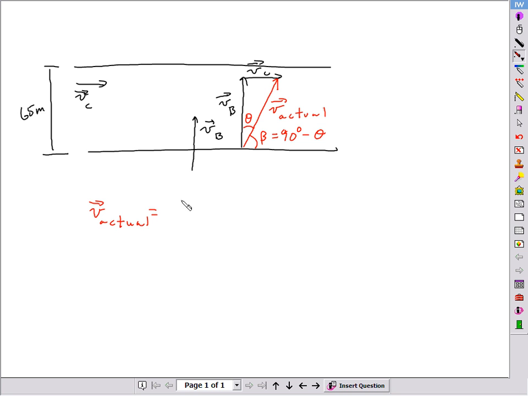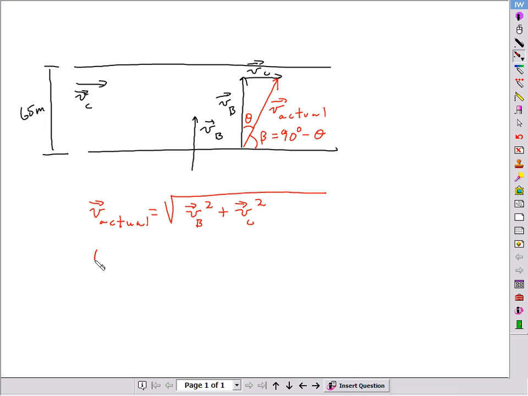So, to find the actual velocity of the boat as it crosses the river, the actual velocity is equal to, using the Pythagorean theorem, the square root of the velocity of the boat in still water squared plus the velocity of the current squared. And that would be the speed.